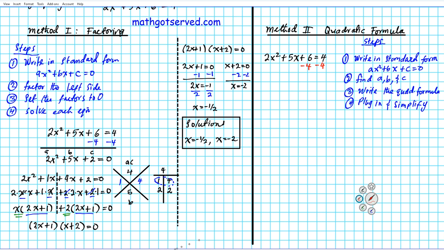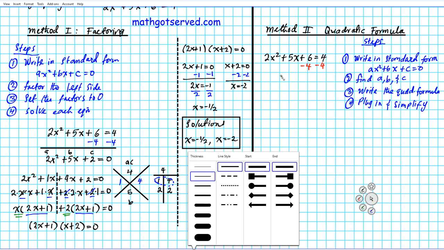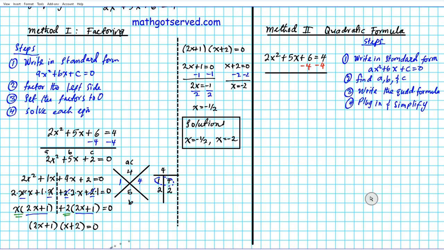It's going to yield 2x squared plus 5x plus 2 equals 0, like we had before. Now we can determine what a, b, and c are. So a is 2, b is 5, and c is 2, extracted from the standard form: the coefficients of x squared, x, and the constant term.